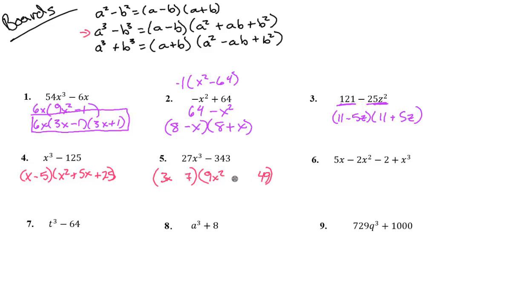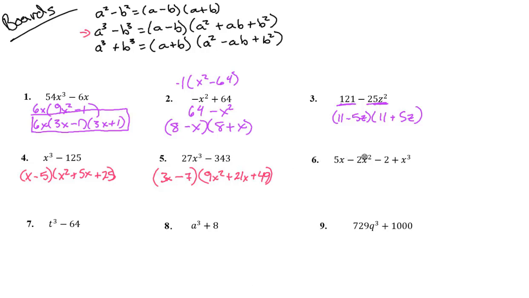First times last is middle, so that's 21x. Excellent. Then first signs from the problem, the second's its reverse. So these two have to be the opposites. And yes, again, we're using this a cubed minus b cubed formula right up here. And then that one's always positive. There we go. And you can double check that and see if it works out.